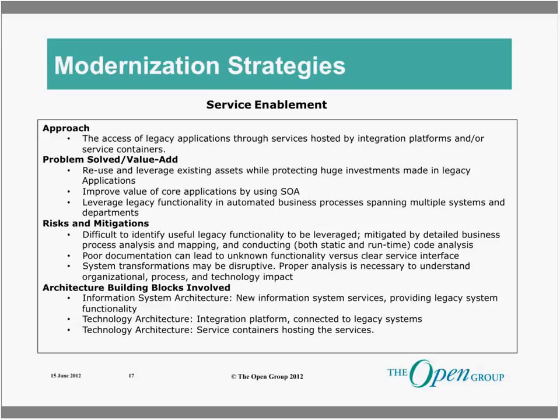It could be information service systems architecture, which is phase C of the ADM process: new information system services, and providing legacy systems functionalities in a service-oriented manner. Tech architectures would have integration platforms that are connected with the legacy systems, and also a service container hosting different services, and you may have different containers that might be utilized on it.